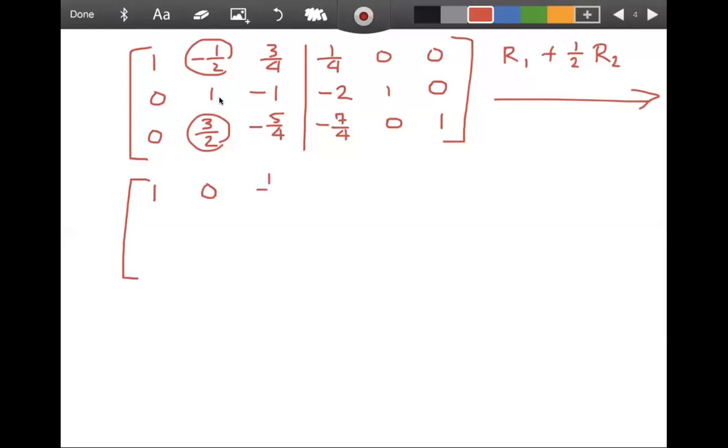That's 1/4. 1/4 plus 1/2 times negative 2 is 1/4 minus 1, which is 1/4 minus 4/4, which is negative 3/4. 0 plus 1/2 times 1 is 1/2. And 0 plus 1/2 times 0 is 0. We're not changing row 2 in this step.